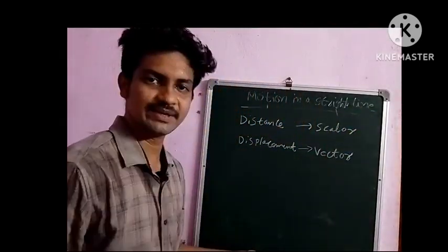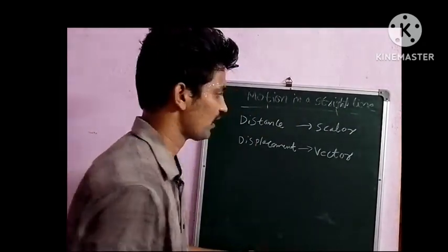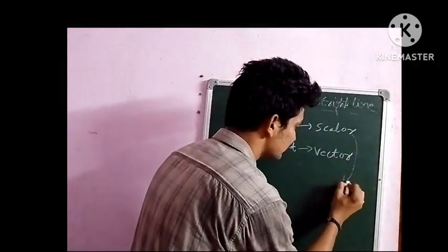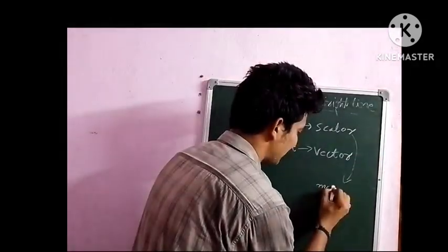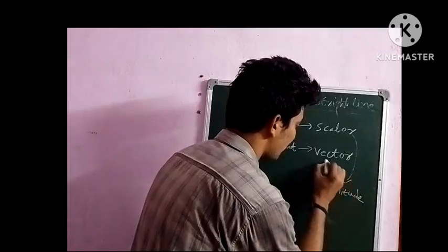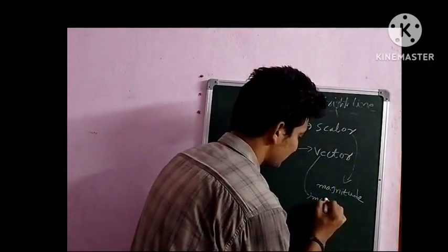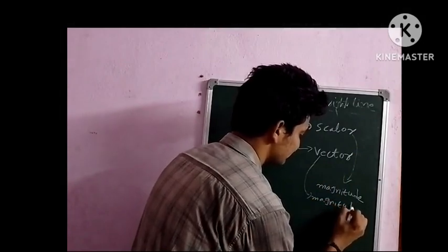What is the basic meaning of scalar, guys? Scalar wants magnitude only. And vector wants magnitude as well as direction.